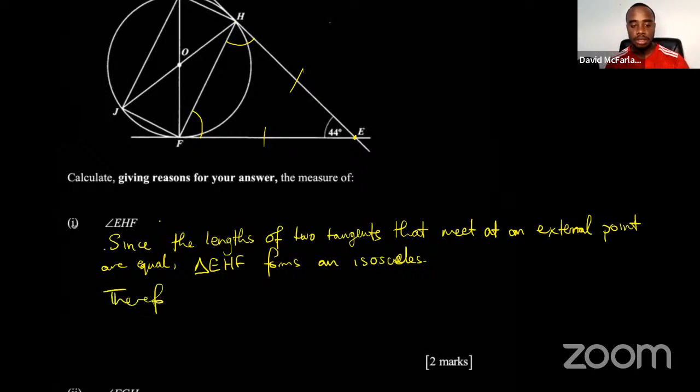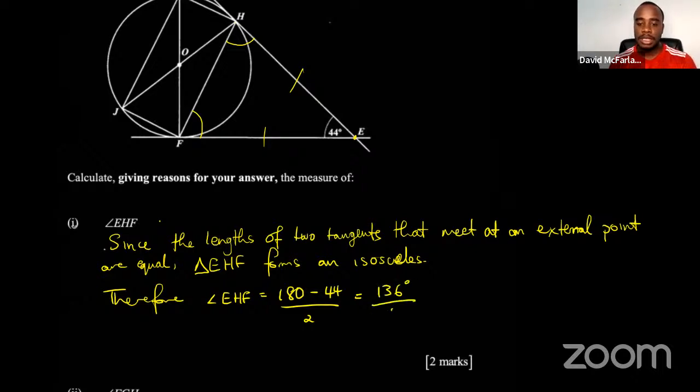Therefore, the angle that we want, EHF, is going to be equal to 180 minus 44, divided by 2. 180 minus 44 is 136. Check me.